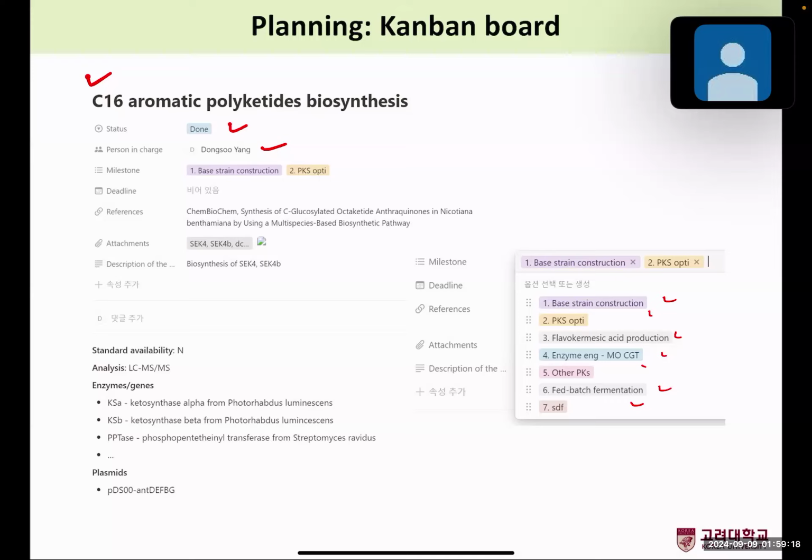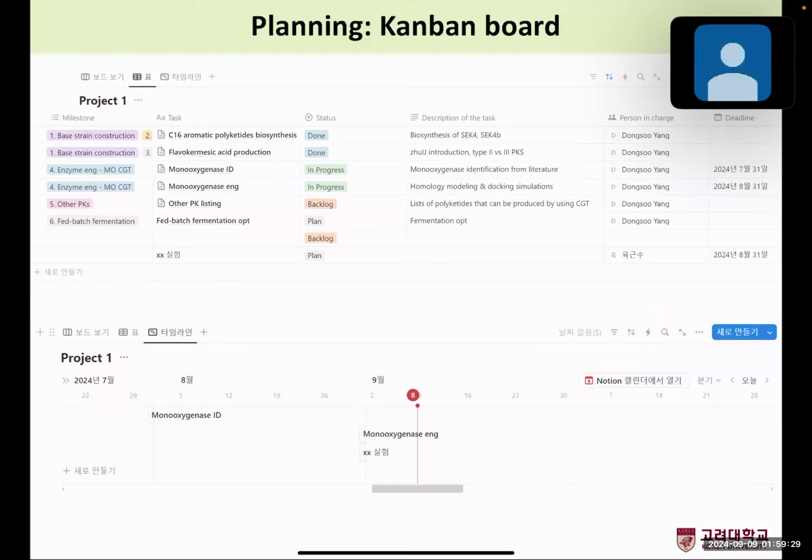So you can then designate the milestones, you can write the references, attachments, and also you can write down some of the important information here. And you can also see them as the list of tasks, and you can also see them as a timeline, because you can also designate the deadlines of each task.